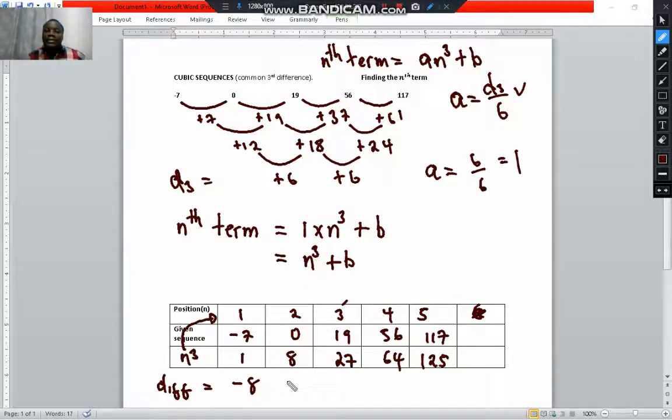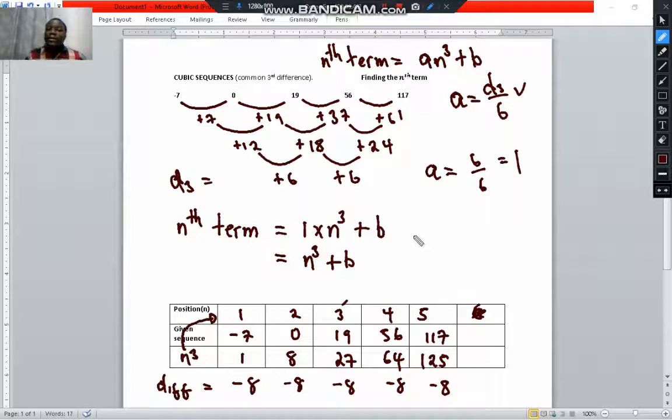Even 0 minus 8 gives us -8, -8, -8, -8. So if the difference between the two sequences is a constant, this is what we need to add to the n cubed in order for us to find the nth term.